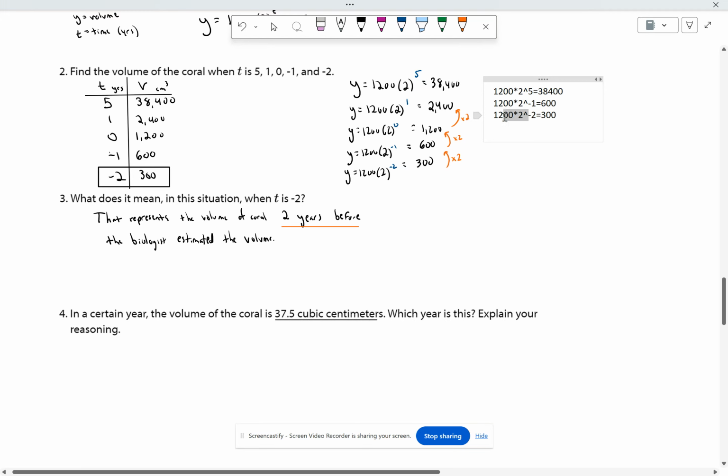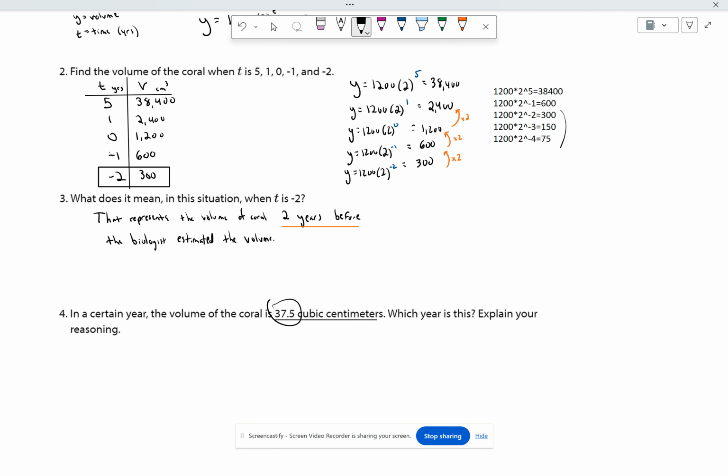If I just use this pattern, I look at 1 year before, 2 years. If I do 3 years earlier, it's at 150. That's not it. If I go a year before that, so if I go 4 years earlier, it should be half of 150, which is 75. We're getting closer, but we're not at it. I'm trying to get to 37.5.